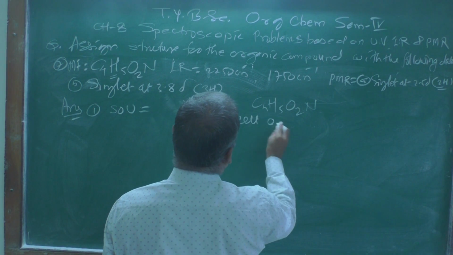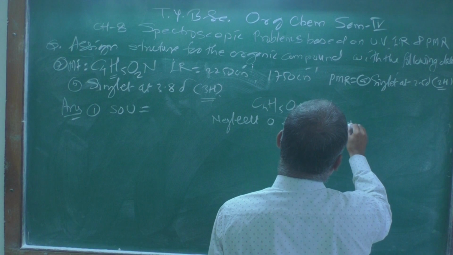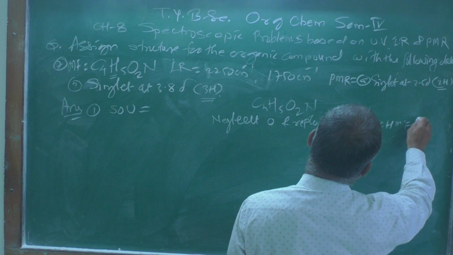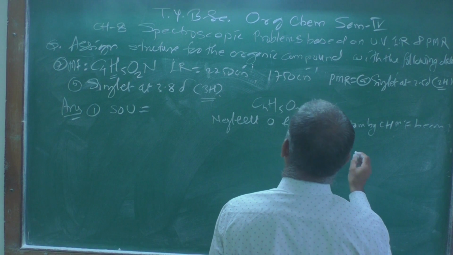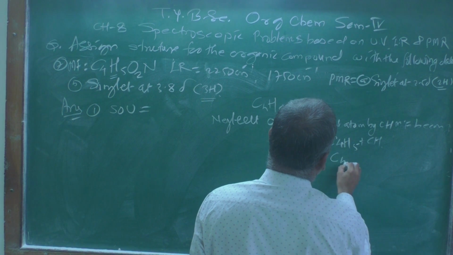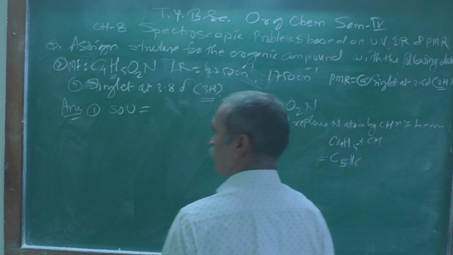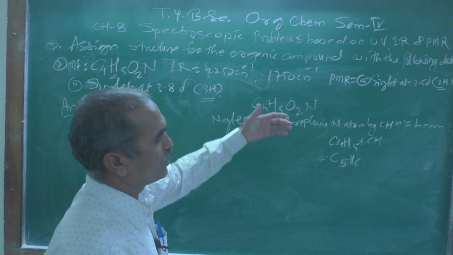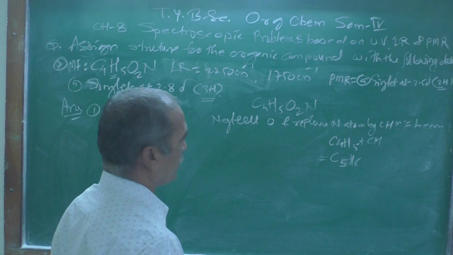Neglect oxygen and replace the nitrogen atom by CH, so the molecular formula becomes C4H5 plus CH, which is C5H6, after doing all these changes.